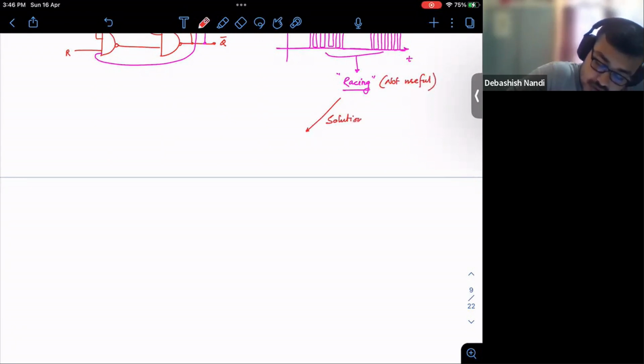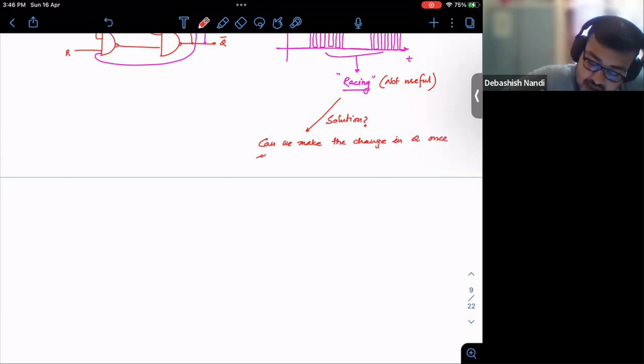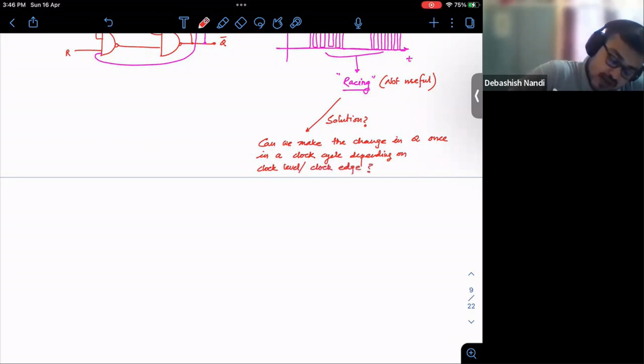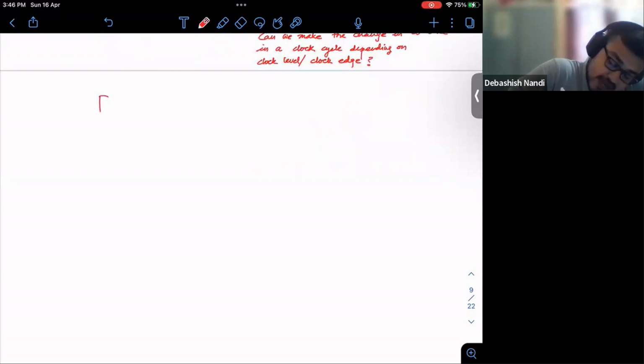Solution: can we make the change in Q once in a clock cycle, depending on clock level, clock edge? Yes, we can. And the configuration is something like this.